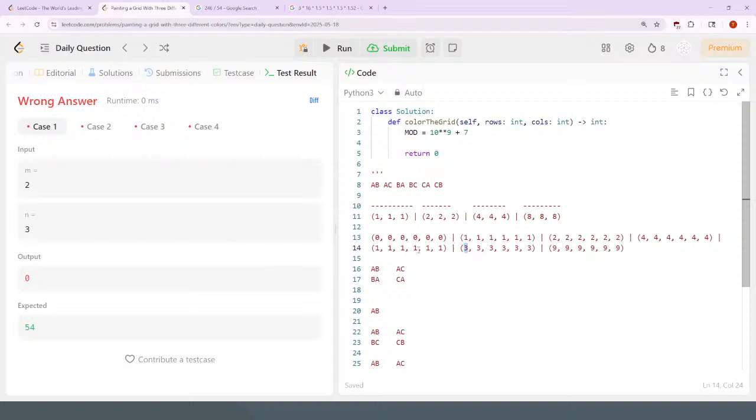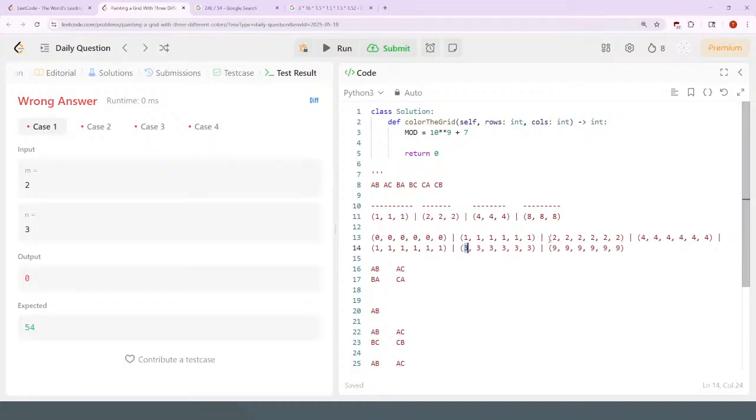Does this 3 represent the number of ways this thing is ending up in 3? It's not what it is, right? This 3 represents the number of ways that this thing is 1, 3. Technically, I can treat this as number of ways of getting this thing to be AB. 3 ways this thing is AB.